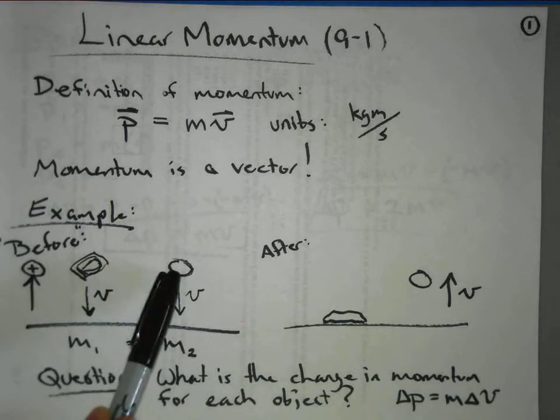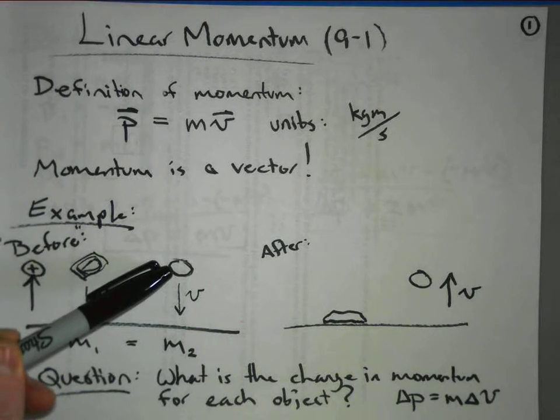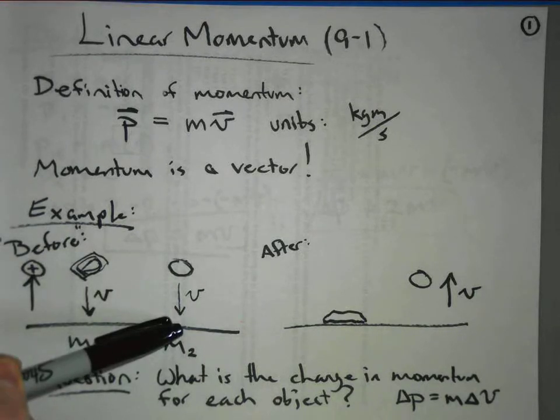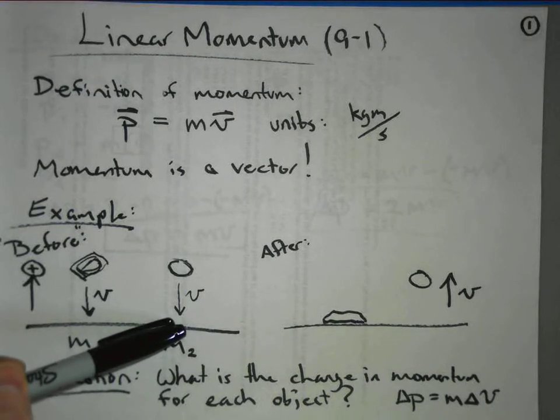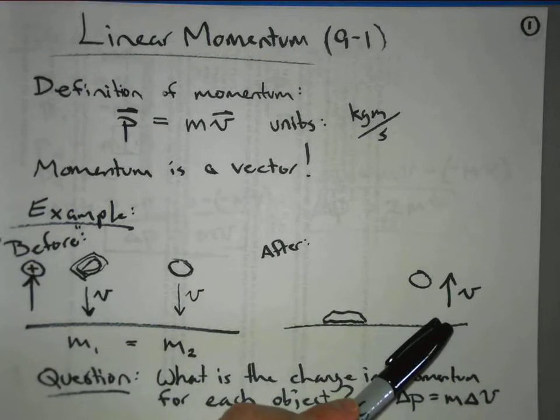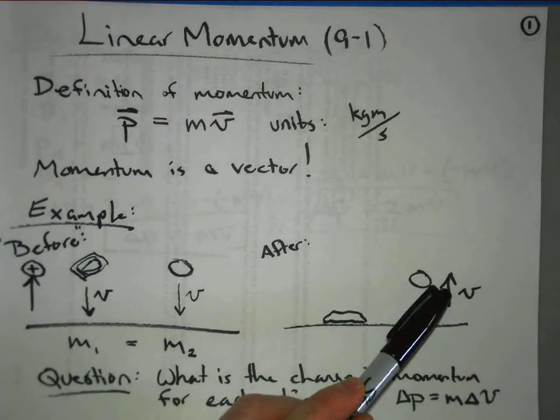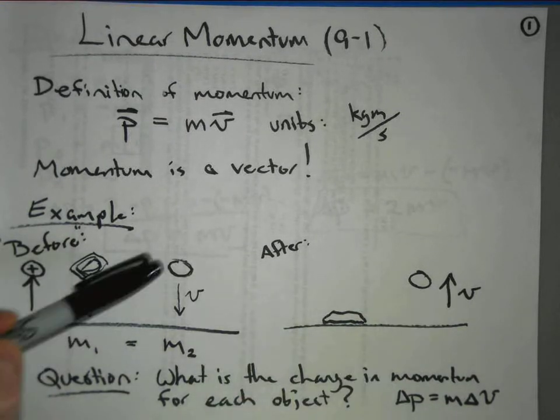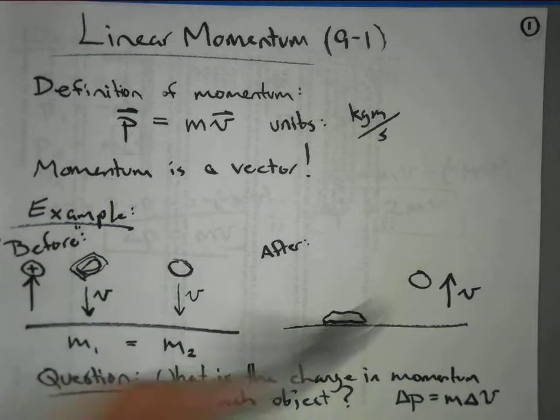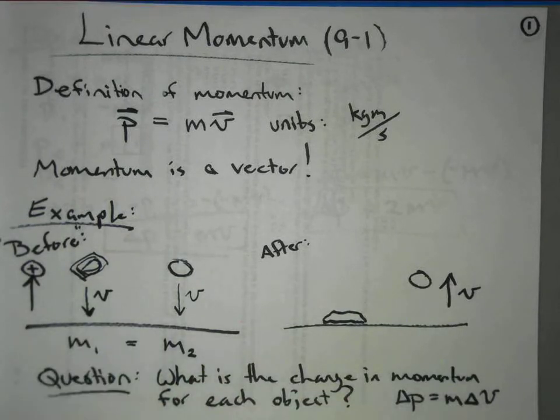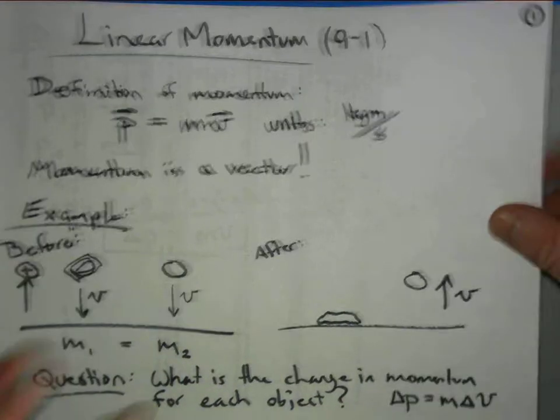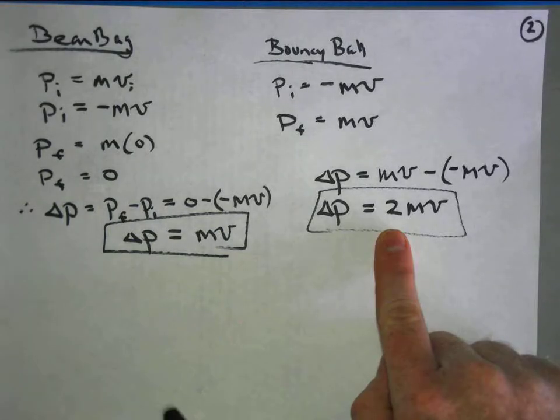In the super bouncy ball, it also went from negative mv to 0 momentum, but it went beyond that, because after the impact, it went from 0 to a momentum of positive mv. So the total change was from negative mv to positive mv, and that equates to twice the amount of change. And that's what we see here.